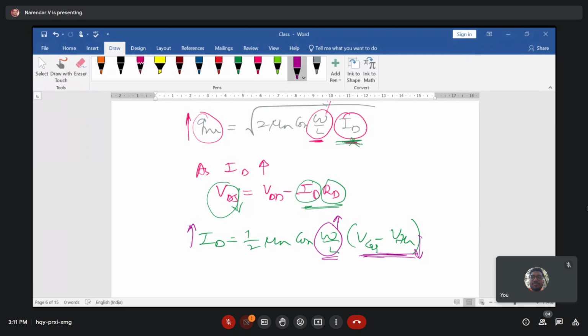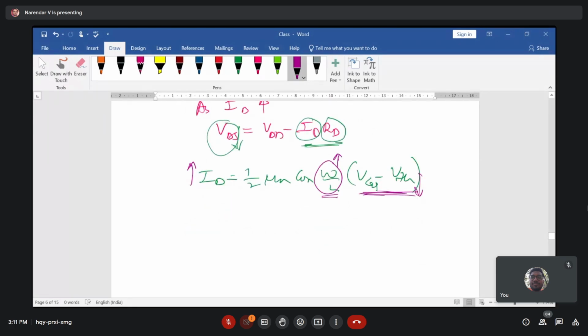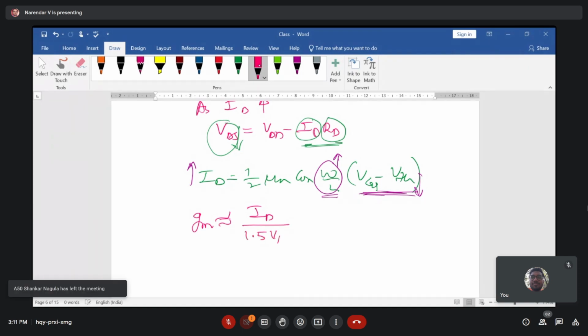But as much as you can make the transistor wider and wider by increasing W by L, you will end up with the maximum GM value. The maximum GM that you can obtain by more and more increment of your W by L is roughly approximated as ID divided by 1.5 times VT, and this VT is the thermal voltage.